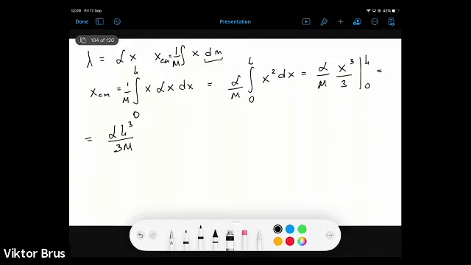And as you remember from last time, we need to substitute here also expression for this total mass. Any ideas how we define this total mass? Suggestions? Like we have density.